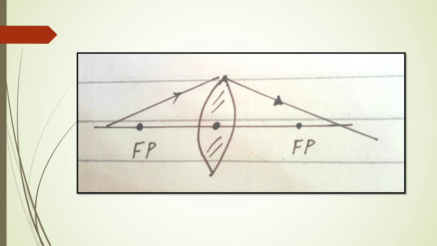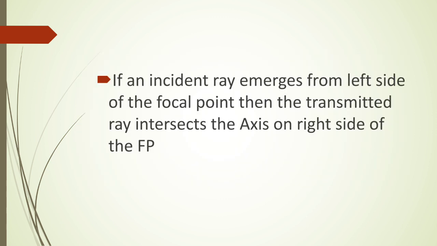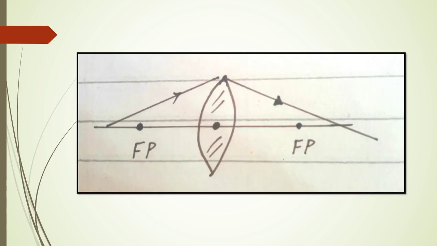This ray will intersect the axis of the spherical lens on the right side of the focal point. So the incident ray emerges from the left side of the focal point, and the transmitted ray intersects the axis of the spherical lens on the right side of the focal point.